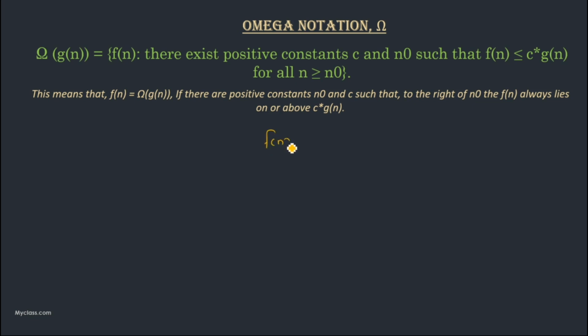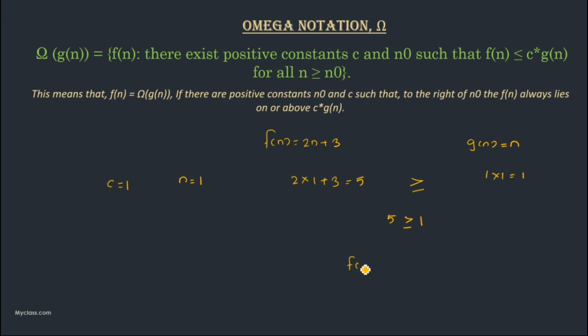Let's take the same example. Our f of n equal to 2n plus 3, our g of n equal to n. The n is starting from 1. Let's check when c equal to 1. When n equal to 1, 2 into 1 plus 3 means 5. Here 1 into 1 equal to 1. So this is true. That means f of n is greater than or equal to c into g of n.